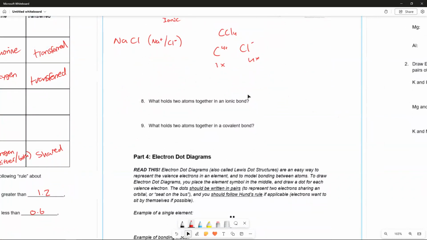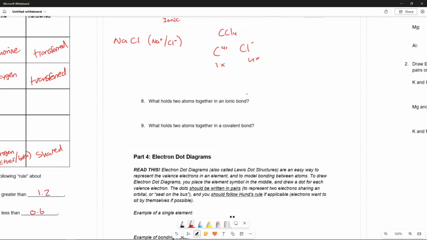All right, question 8. What holds 2 atoms together in an ionic bond? Probably what it's asking about is that the transfer of electrons is holding it together. So if element A transfers an electron to element B, then the ionic bond that occurred within the atoms is going to hold the atoms together.